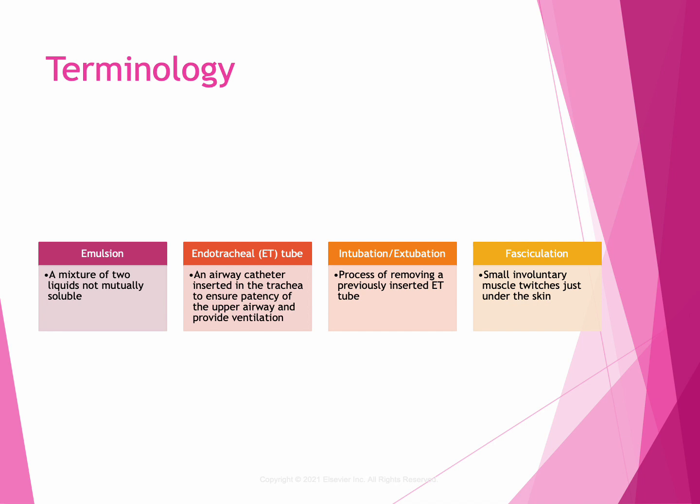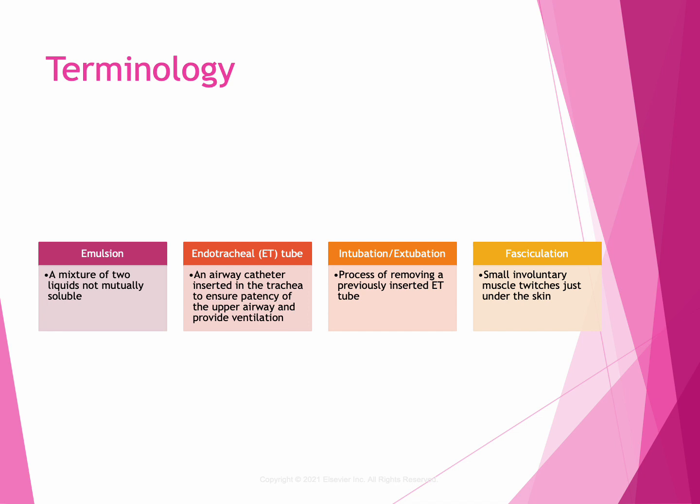A common household example of an emulsifier is mayonnaise. A common medication used in general anesthesia that is an emulsion is propofol. Propofol is commonly used in the induction and maintenance phases of anesthesia or to provide sedation.